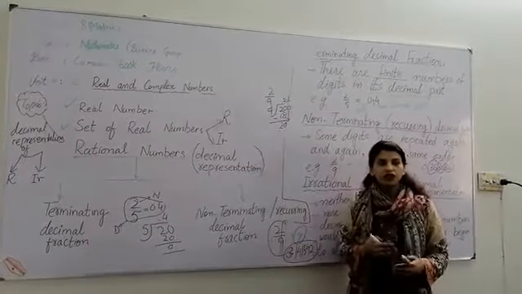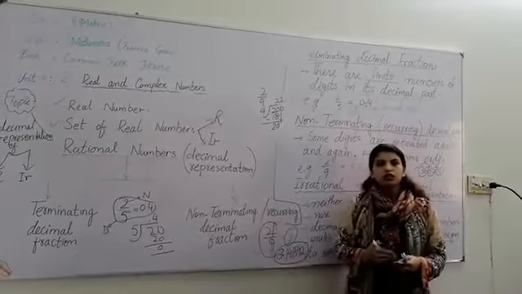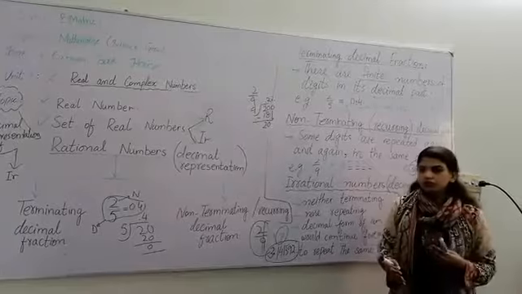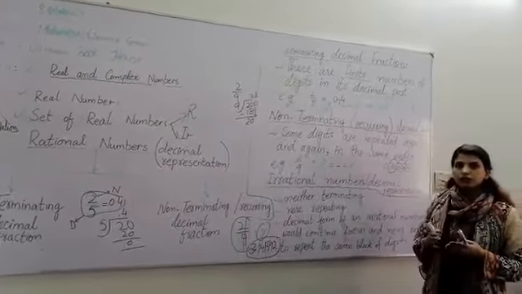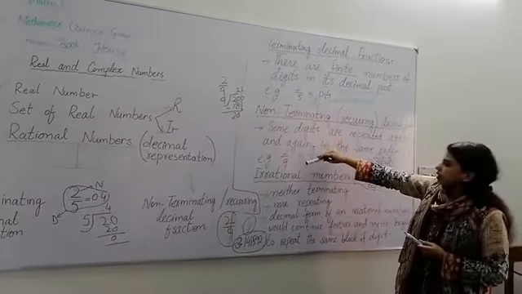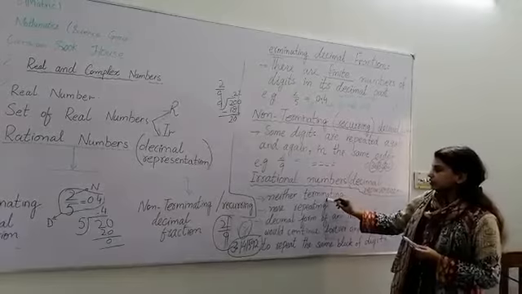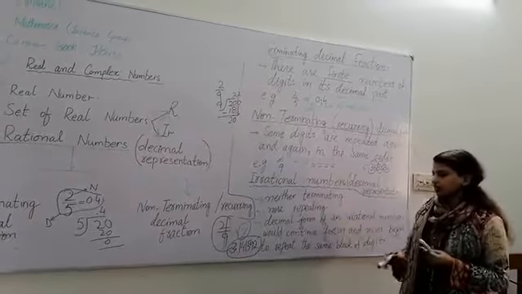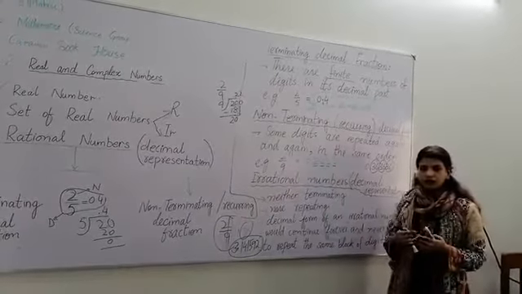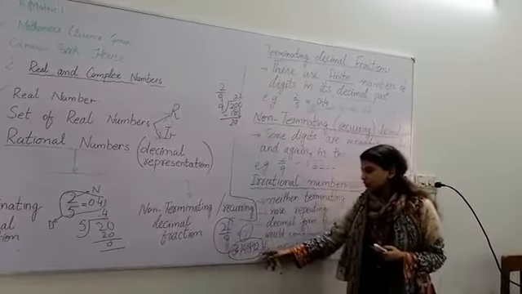In terminating form we have a finite number of values, and in non-terminating decimal fractions we do not have limited values, but the digits are repeated in the same order. The other form is irrational numbers, which are neither terminating nor repeating. We can say that pi is an example of an irrational number.